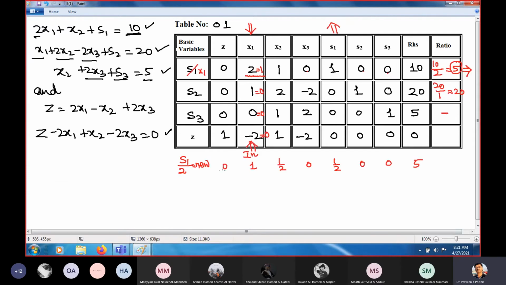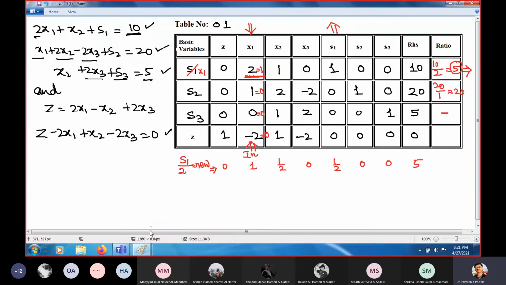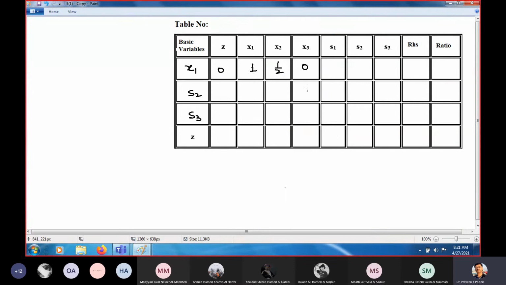Now X1 we have created. This is X1. Divide by 2, because we need to make this element 1. And how can we make it? If we divide the entire row by 2. So 0, 1, 1 by 2, 0, and 1 by 2, 0, 0, 5.